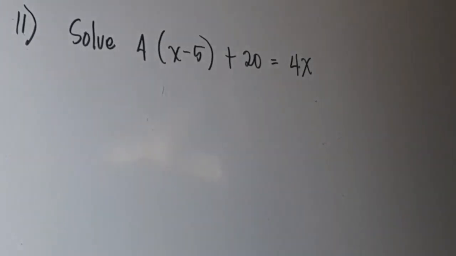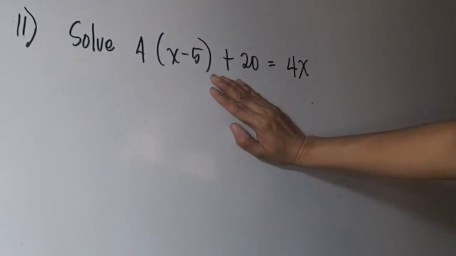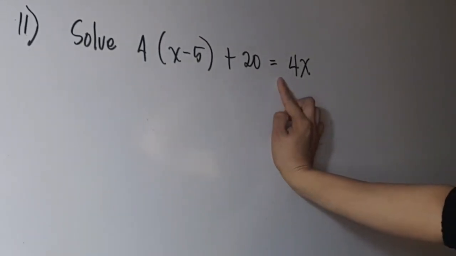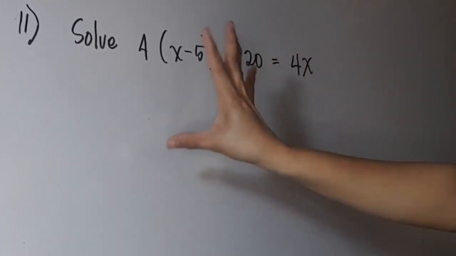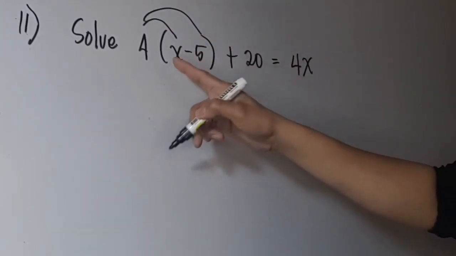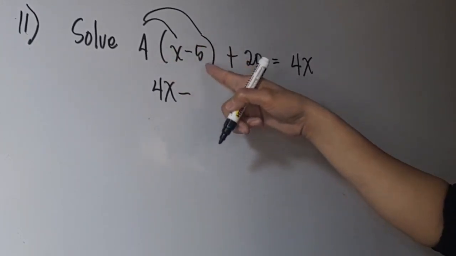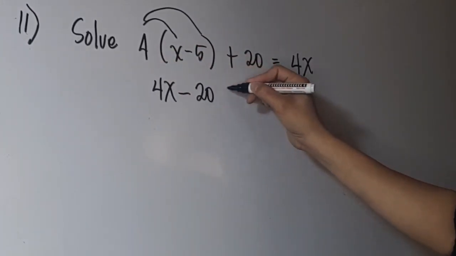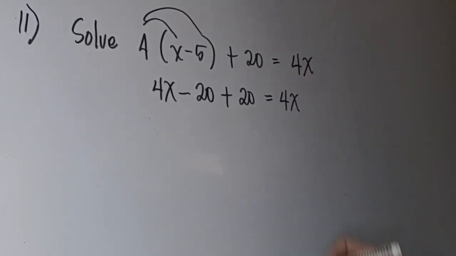So, okay, last number. Solve 4 times the quantity x minus 5 plus 20 equals 4x. Okay, let us simplify first this side, no? So, let's distribute 4. So, 4 times x is 4x minus 4 times negative 5 is negative 20. Plus 20 equals 4x.